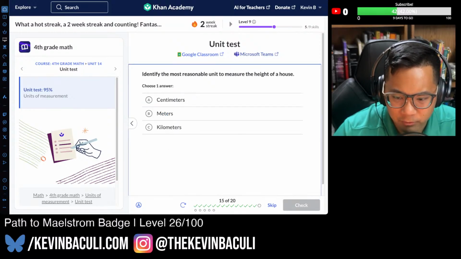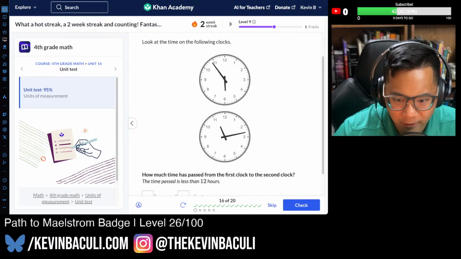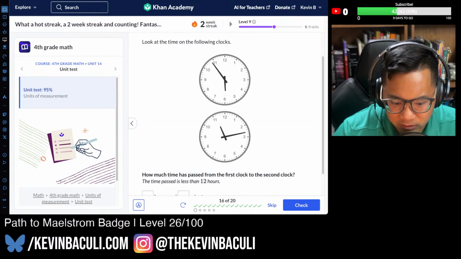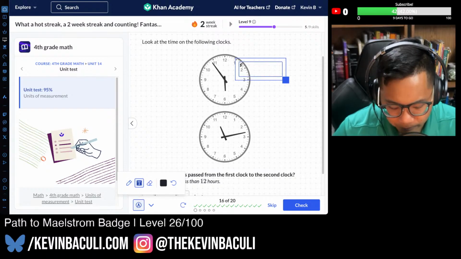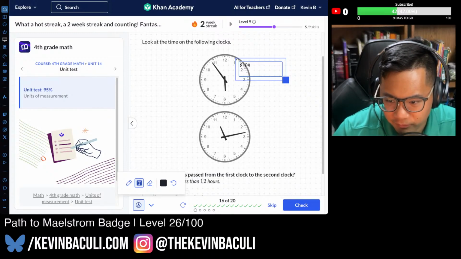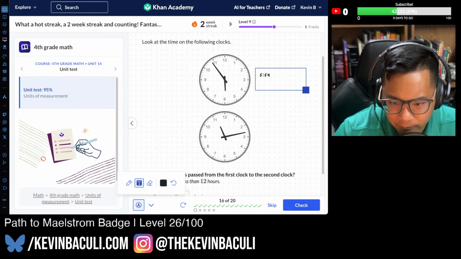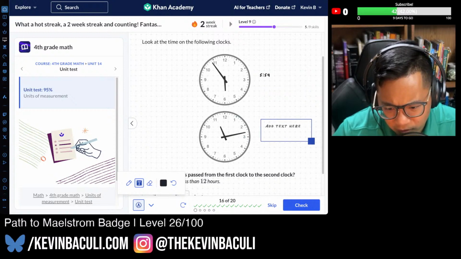Identify the most reasonable unit to measure the length of a house. This is 5:54. This is 5:54. And then this is 11:13.